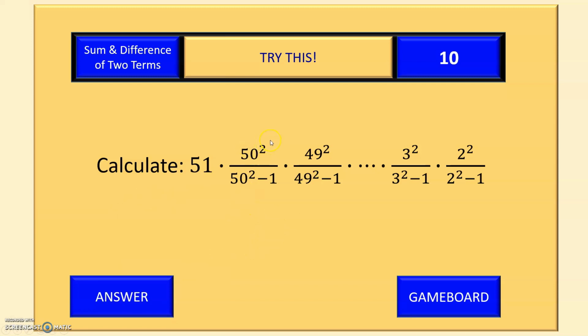Well, of course, you're not going to multiply this, so that will be 25 over 2499 and so on. That will take you a long time. And masyadong malaki yun.